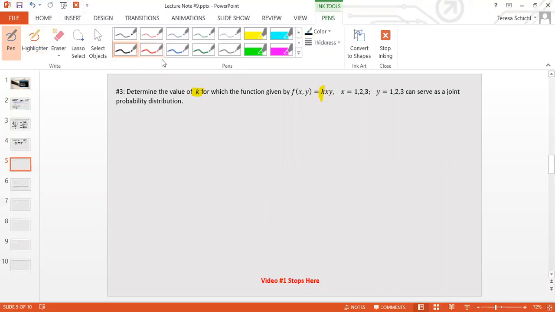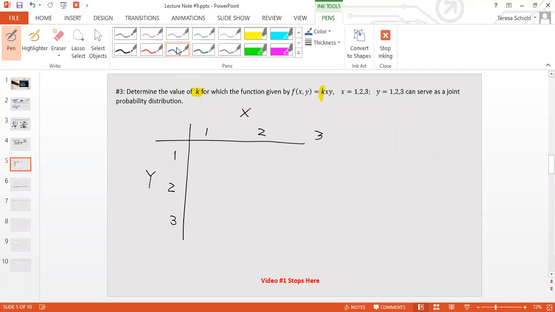Okay, so what does this mean? This is your x, this is your y. X is 1, 2, 3, and y is 1, 2, 3, right?